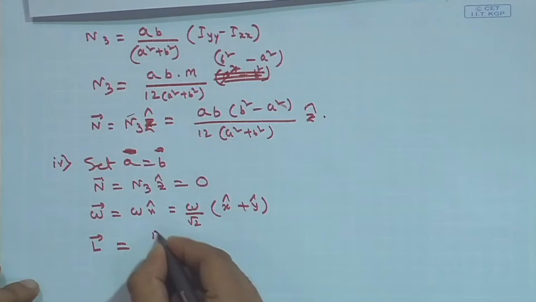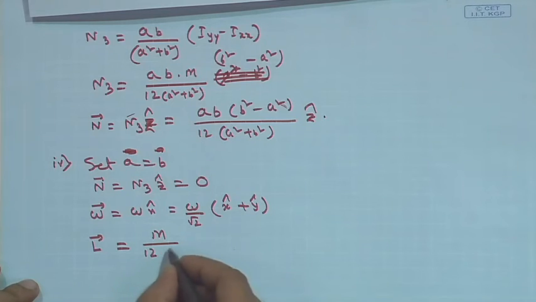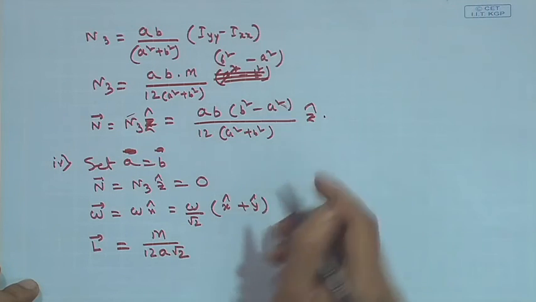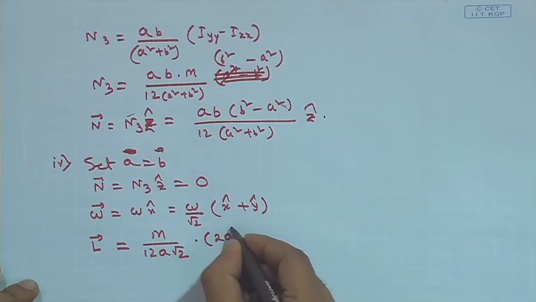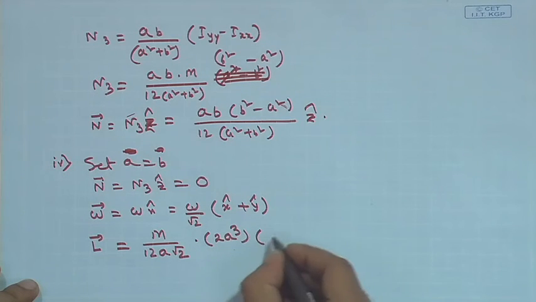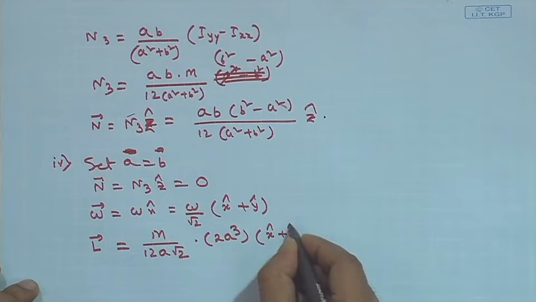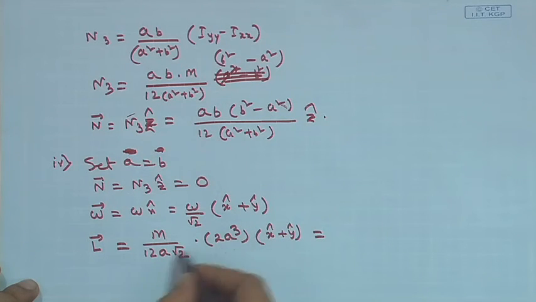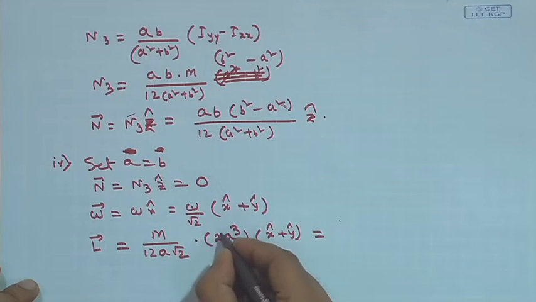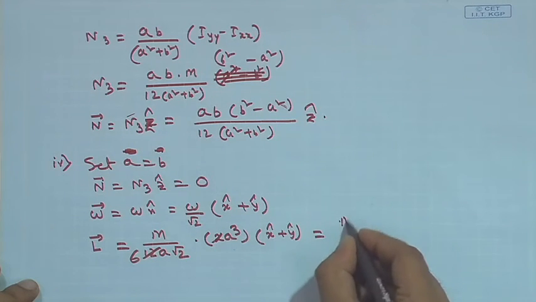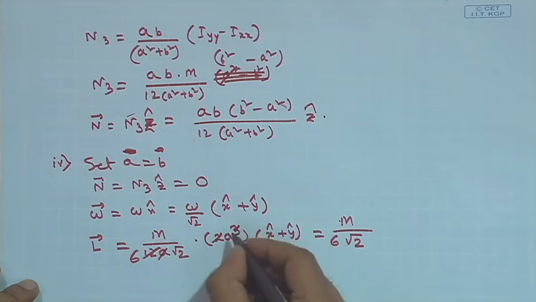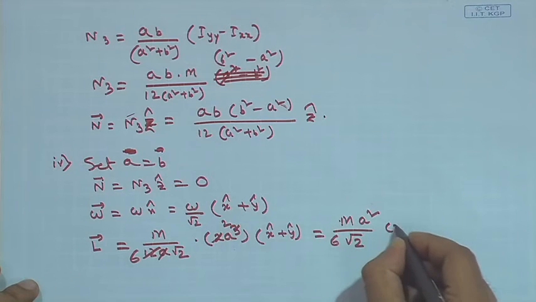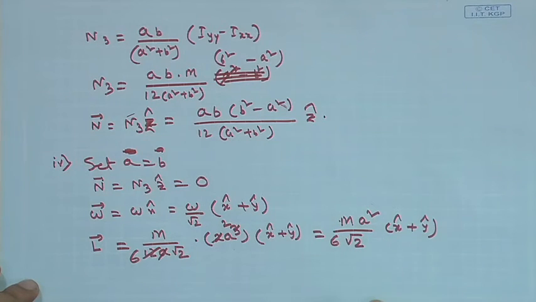So finally we have m by 12, A root 2, and here we will have 2 A cubed, and the direction will be simply x cap plus y cap, which after cancellation will be 6 m by 6 root 2 times A square, x cap plus y cap.